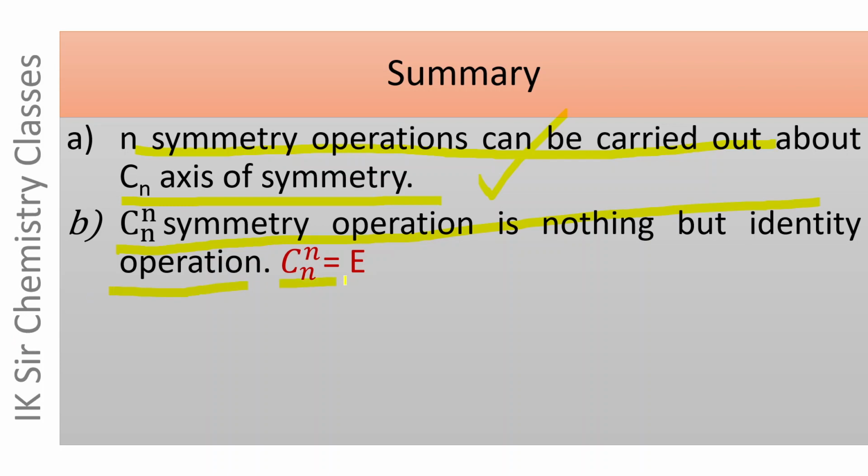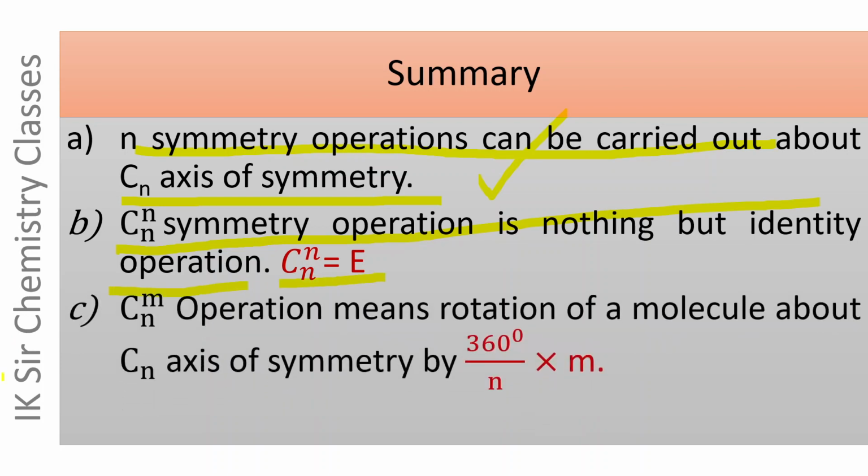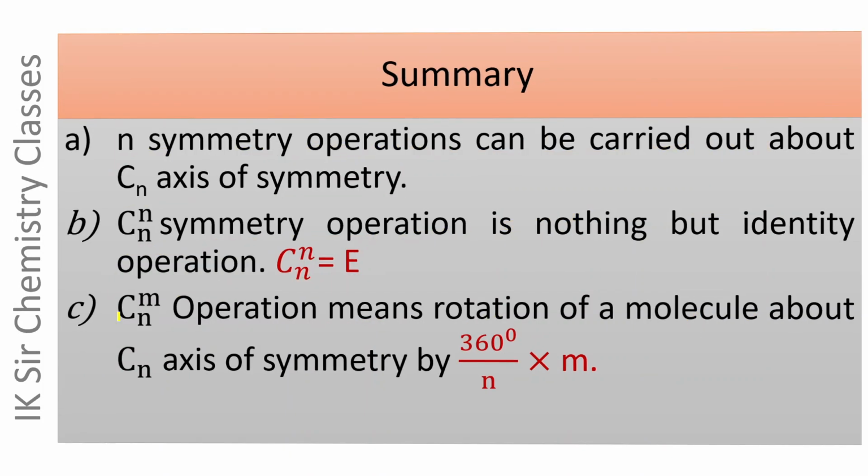Cn^n is equivalent to identity, and Cn^m operation means rotation of a molecule about Cn axis of symmetry by 360 degree by n multiplied by m. These are the main 3 findings in the discussion of identity element and rotation symmetry operation in this video.